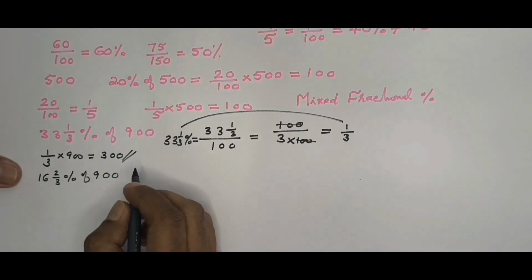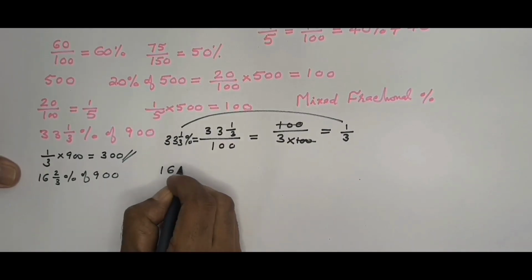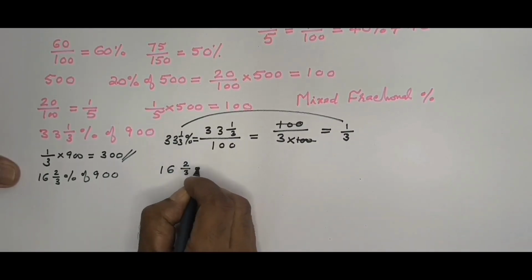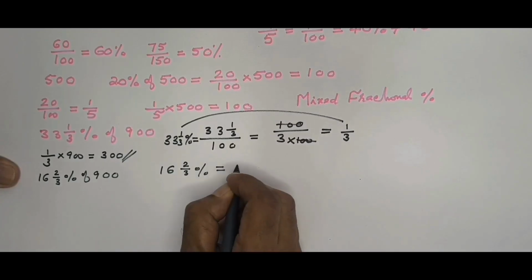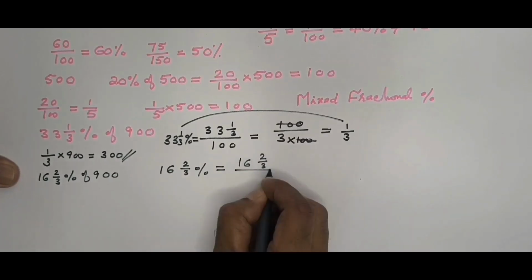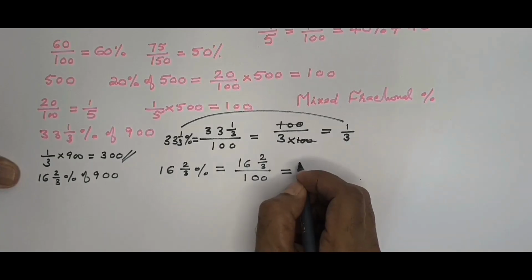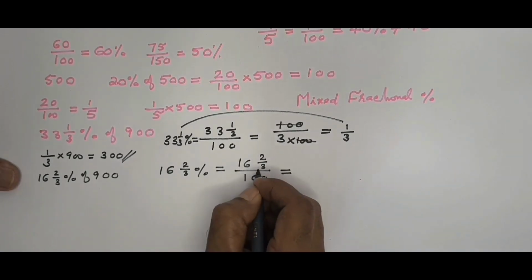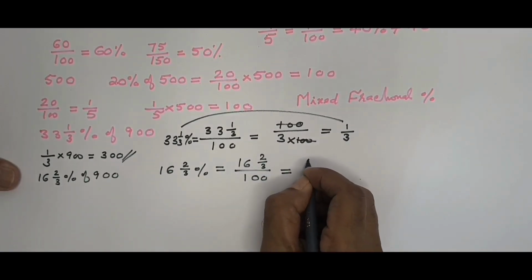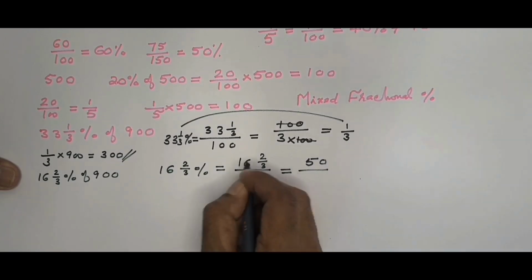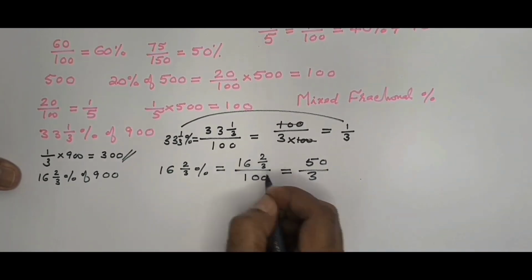To find out this, look at this. 16 and 2/3% equals 16 and 2 over 3 divided by 100. Simplifying this mixed fraction into a normal fraction, you will get 50 divided by 3. That is 16 and 2 by 3.